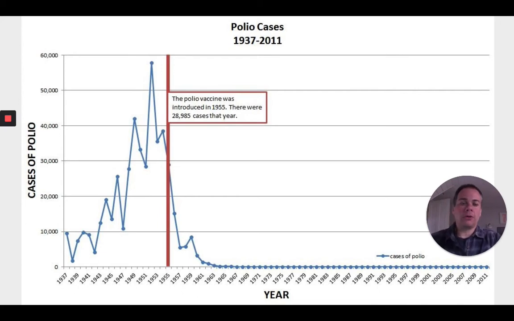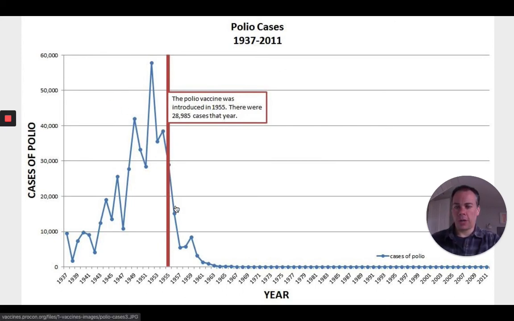when Jonas Salk developed a polio vaccine in the 1950s, look at this graph. This shows the number of polio cases in the United States over that time period. Once the vaccine was introduced and distributed widely and children were vaccinated, look what happened to the number of cases of polio in the United States.